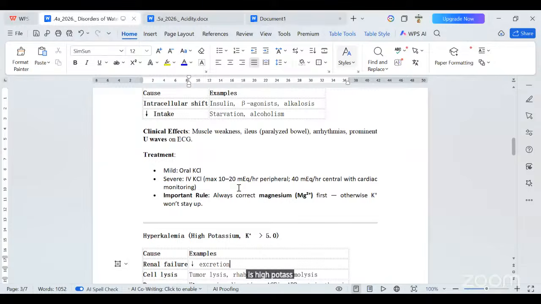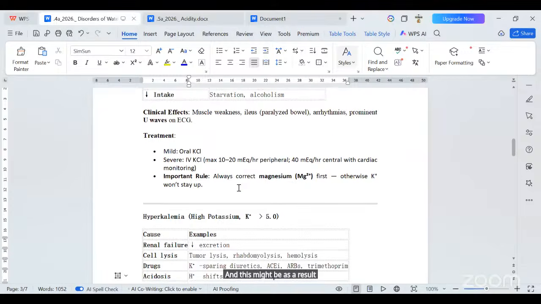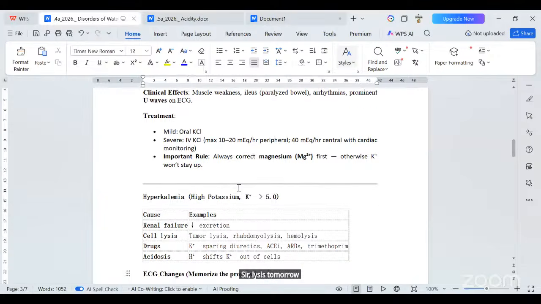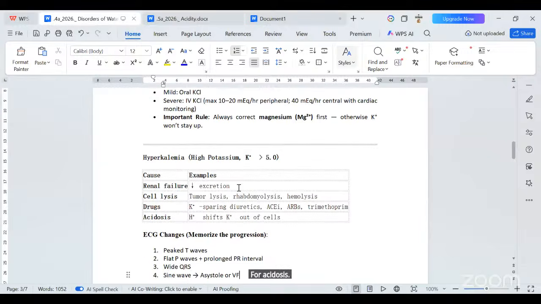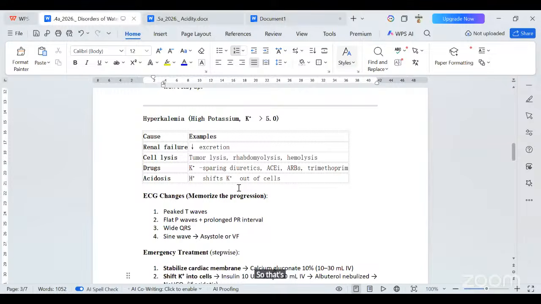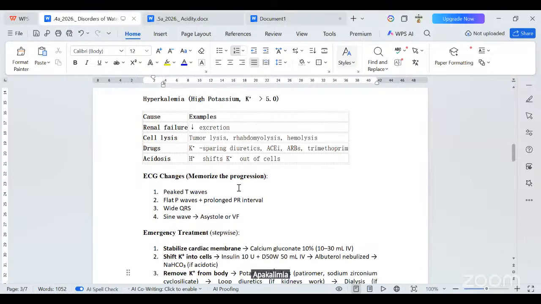That is when the potassium level is greater than 5.0. And this might be as a result of renal failure, cell lysis, either through tumor or hemolysis, drugs, or acidosis. So that's what can cause hyperkalemia.